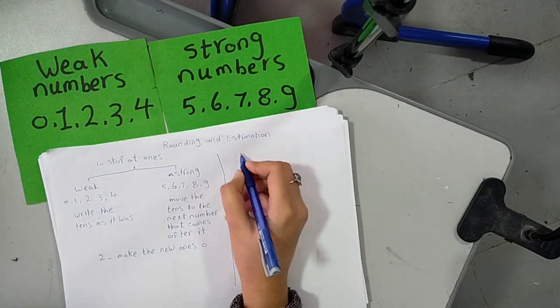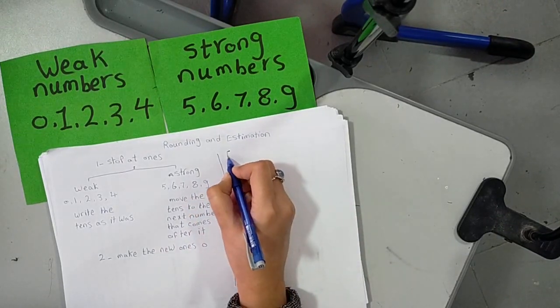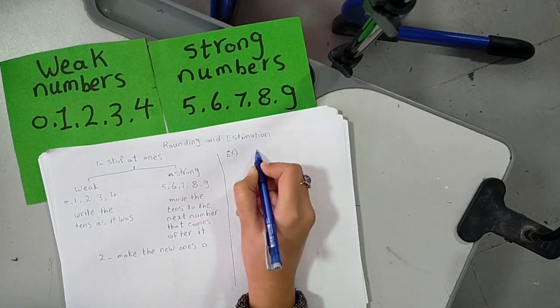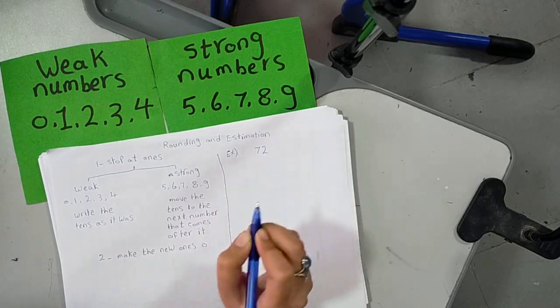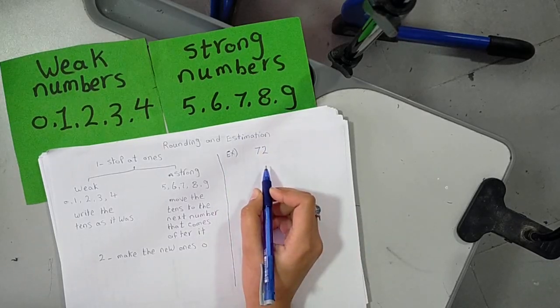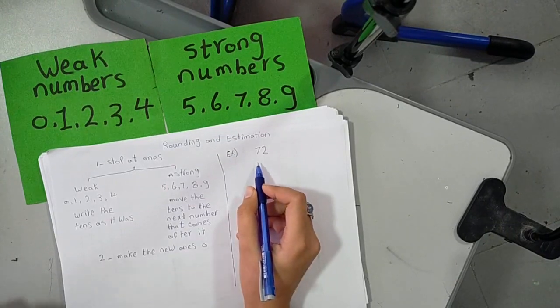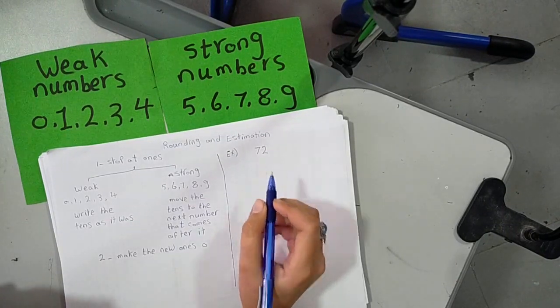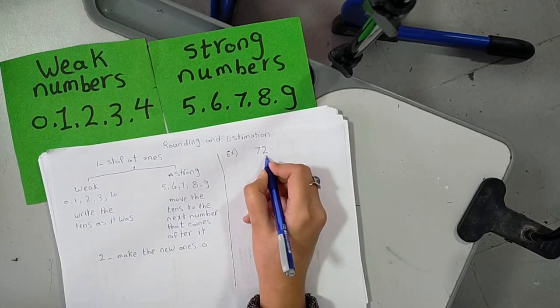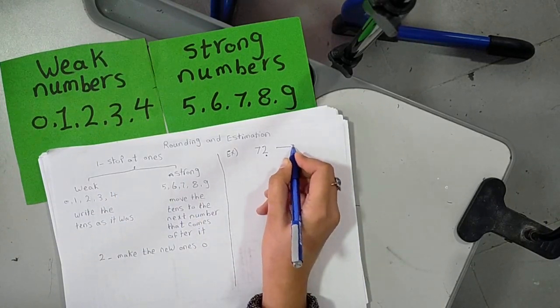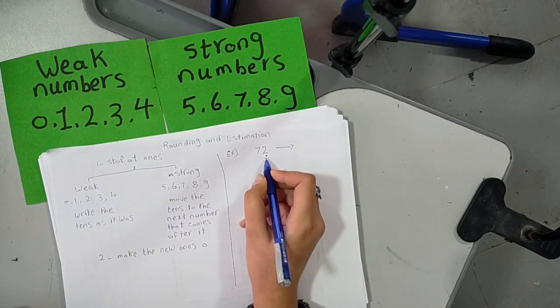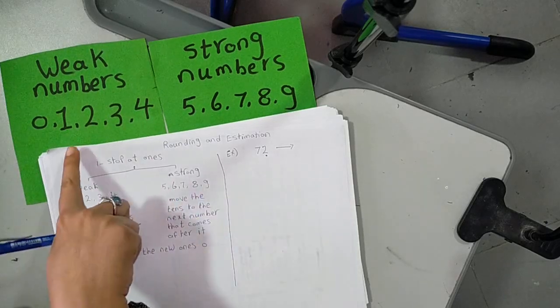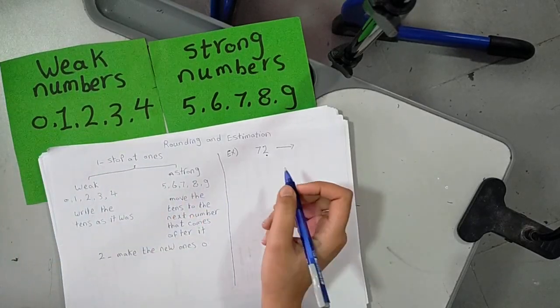For example, if I have 72 and I want to round this number, okay, 72, to round the number, what is the first step? Stop at ones. So we will stop here. The number here in ones is 2. 2 is a weak number, not a strong number.